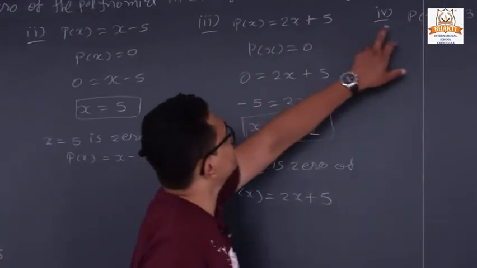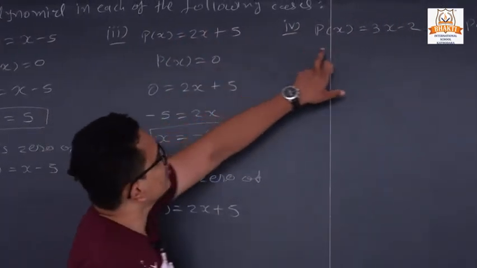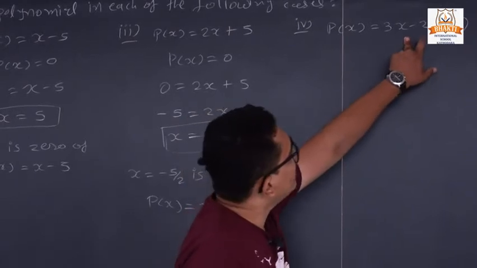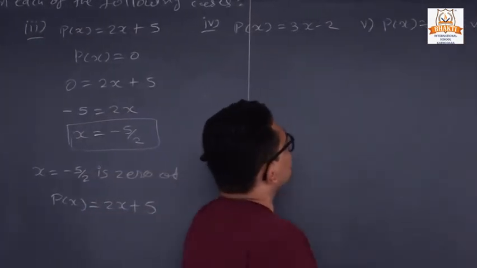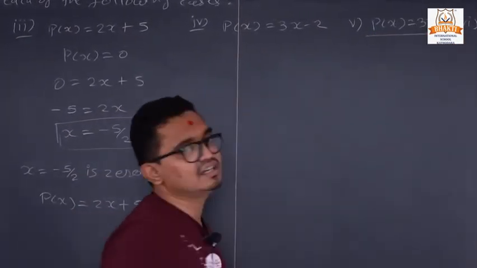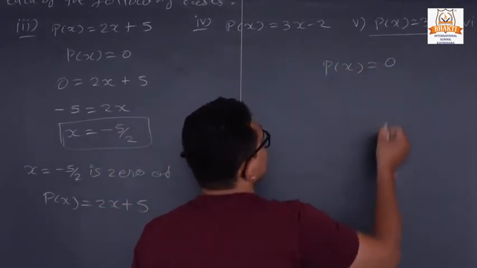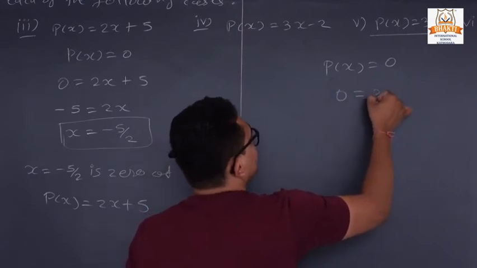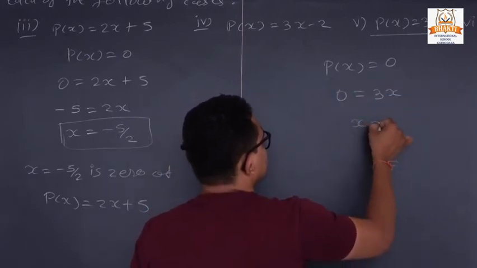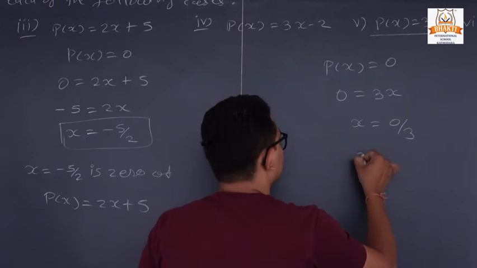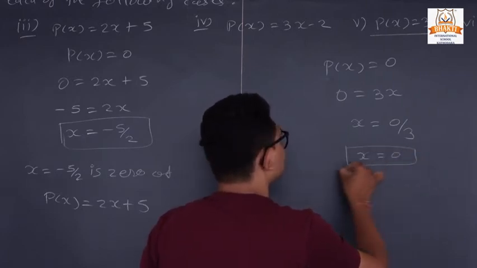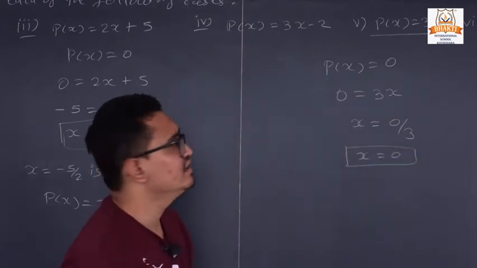Next, it is the same as our question number 3. So it is in your homework. So now we are directly going to start our next. p of x is equal to 3x. So p of x is equal to 0. So 0 is equal to 3x. So x is equal to 0 upon 3. So what is our answer? 0. The answer is 0.